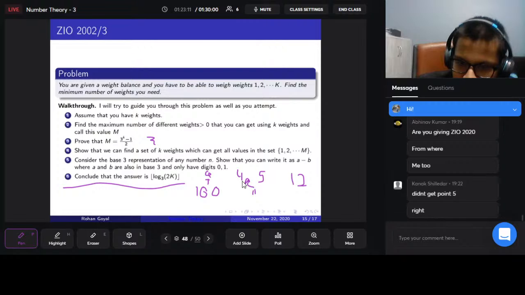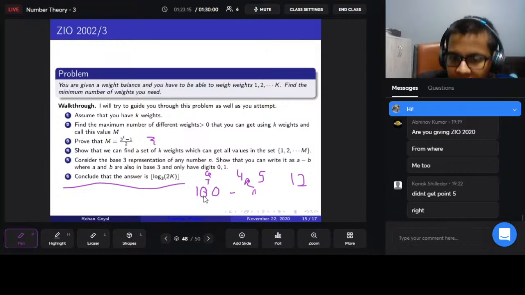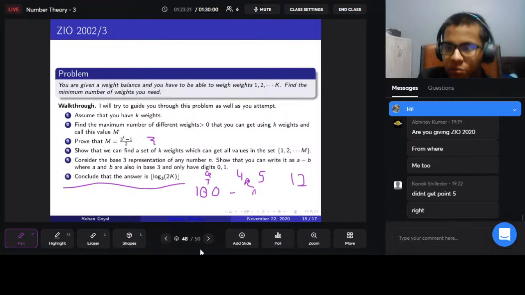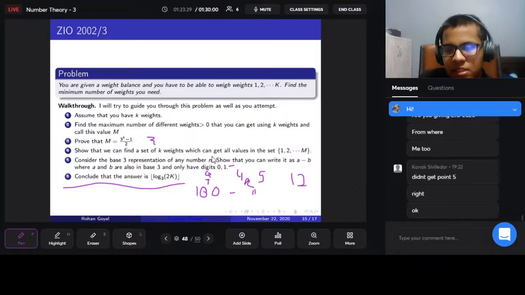See that the digits here are just 1 and 0 in both the numbers. I say that I can do this for any number. Whatever number you give me, I can write it in this way. And you can essentially show that this is the same thing as this. So this is our answer.